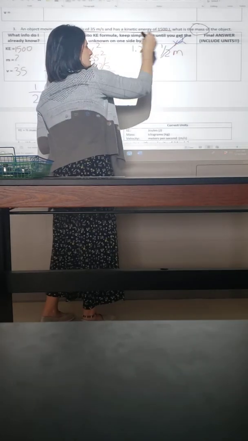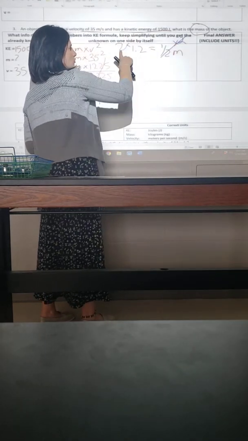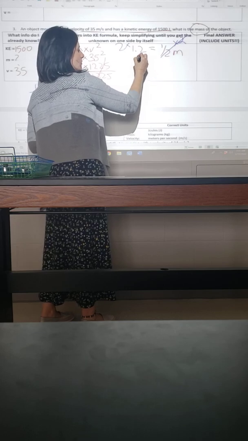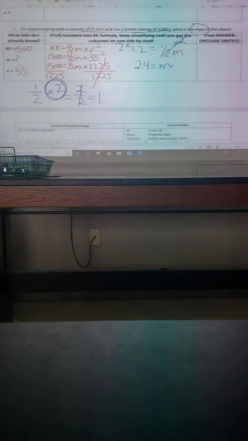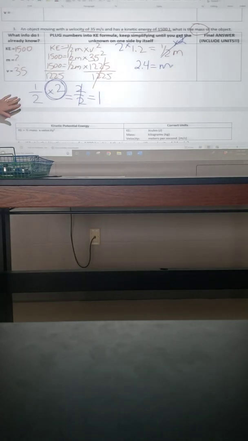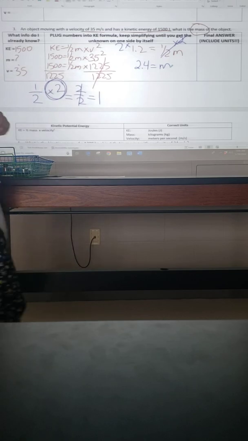And whatever I do to this side, I have to do to this side. So 2 times my 1.2 changes this to 2.4 for my mass. So this is why in the hint I say, hey, multiply by 2. It's really the inverse of dividing by 2.